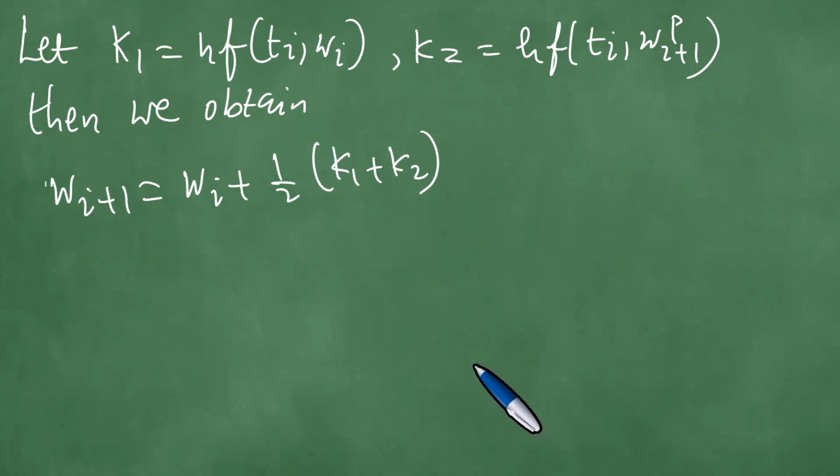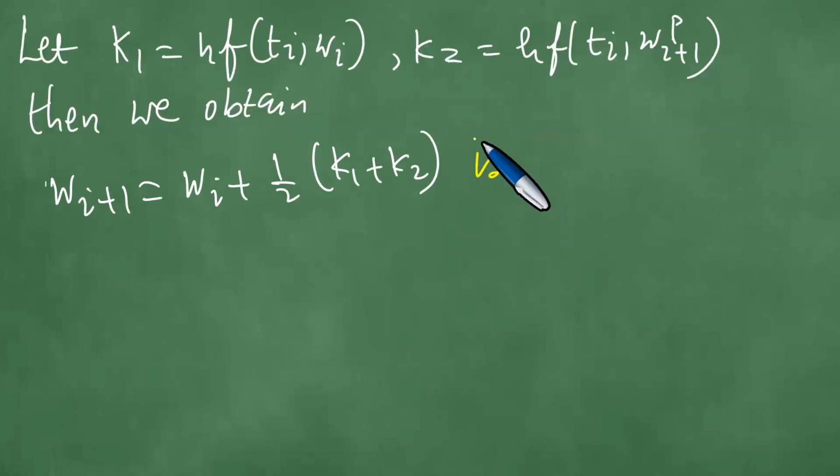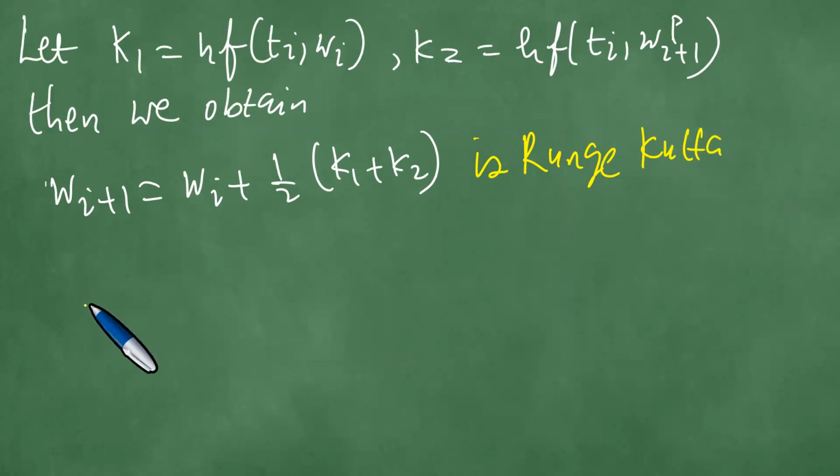Okay, this is Runge-Kutta of order 2, but it is basically the same as the modified Euler. Right, so it is Runge-Kutta of order 2. I'm going to spend a lot of time on Runge-Kutta tomorrow and other things.